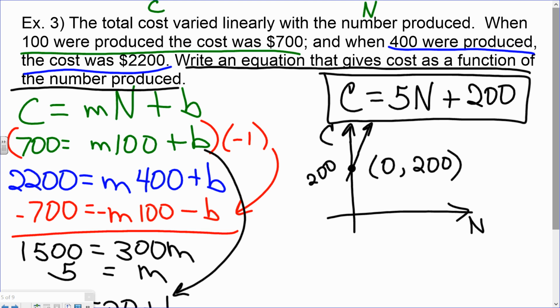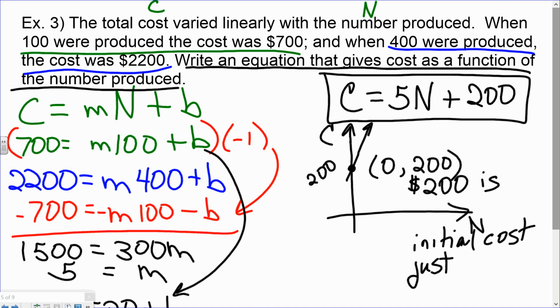Taxes probably not till after I've started having a profit and having some income. Maybe I have to rent a factory or build a factory or buy machinery for that. It'd be a whole lot more than $200 in that case, but I could have an initial cost. So that means 200 is the initial cost just to get started. Often called startup cost for starting a business.